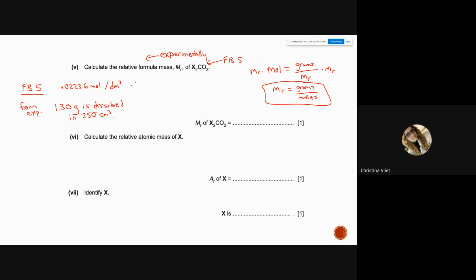Rewrite it out again. 0.02236 moles is in 1 decimeter cubed, right? 1.3 grams is in 250 centimeters cubed. You've got to match the volumes. They've got to be the same, or else your work's not going to make sense. You have an amount of grams in one volume and an amount of moles in a different volume. How could you match the volumes so that they cancel?